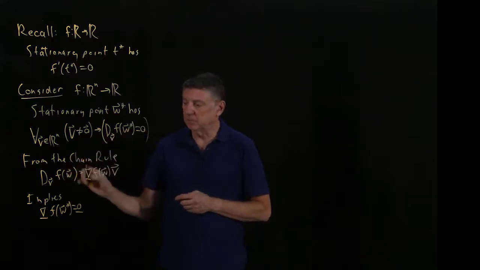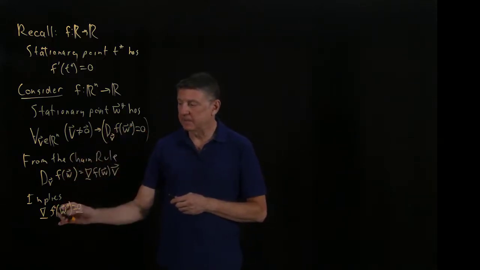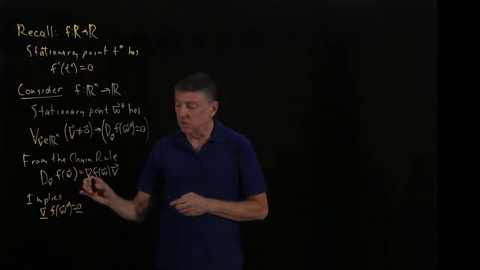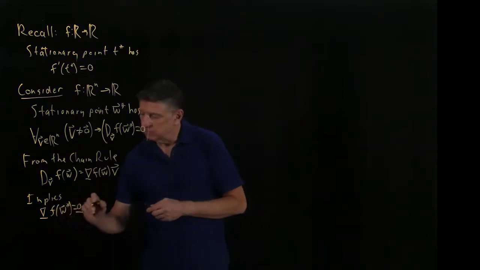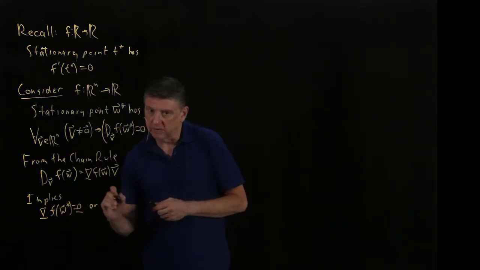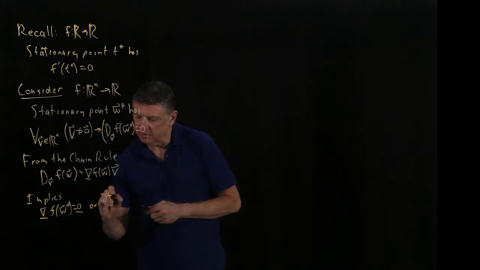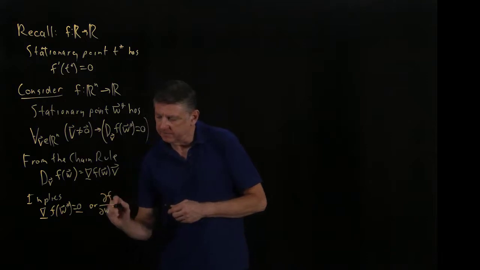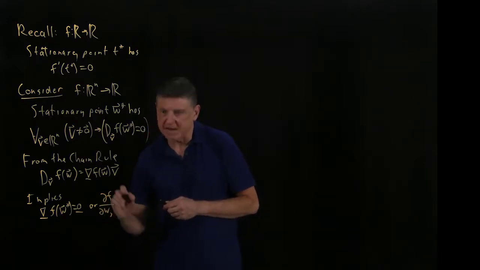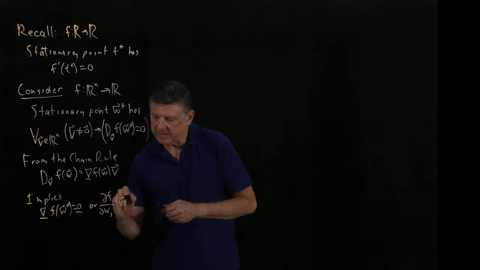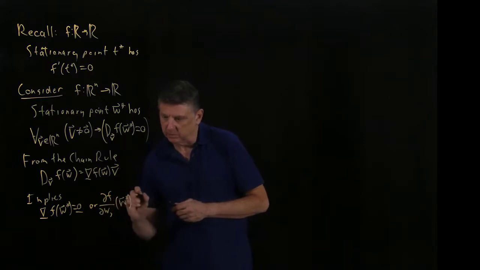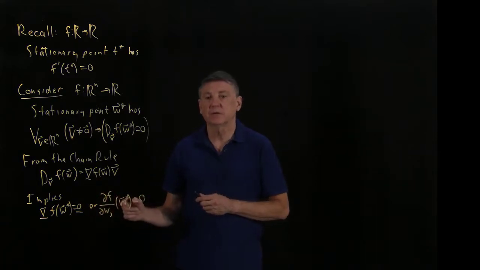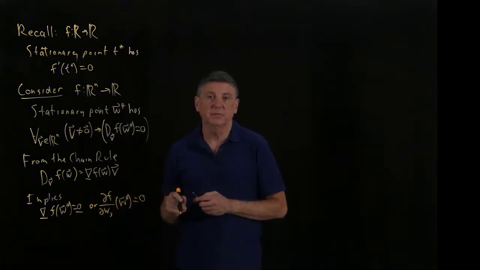And from the chain rule that can only happen provided that the gradient 1 form is 0. We can also write that in component form: the derivative of the function in direction j evaluated at that point has to be equal to 0. And these are if and only ifs that come out of the definition of the gradient 1 form.